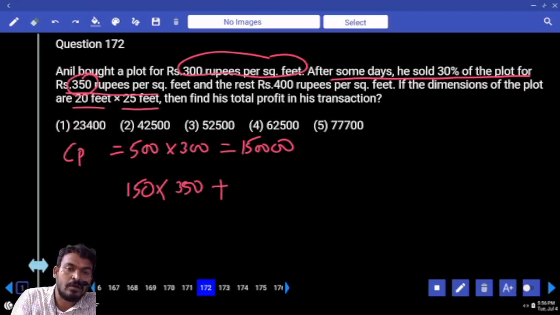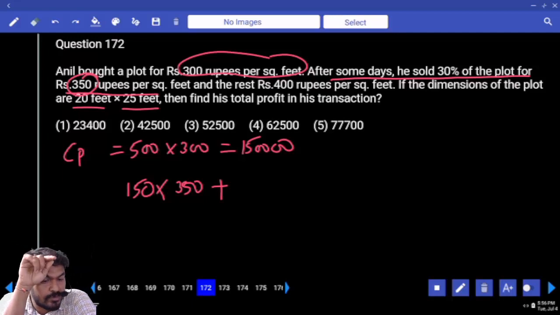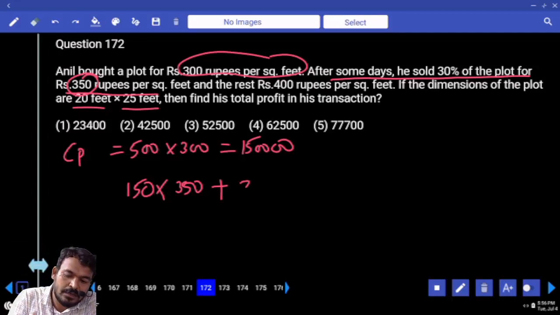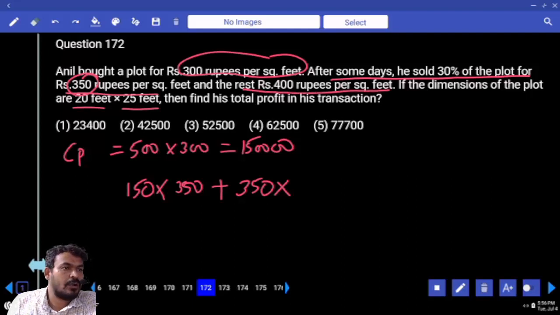That 150 square feet is sold for 350 rupees per square feet. Out of 500 square feet, 150 are sold the first time, and the remaining is 350 square feet. That 350 square feet is sold at 400 rupees per square feet.